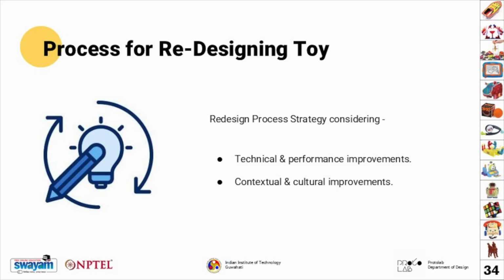The next topic is the process of redesigning toy design. Let us first look at the redesign process strategy that considers technical and performance improvements and contextual and cultural improvements.